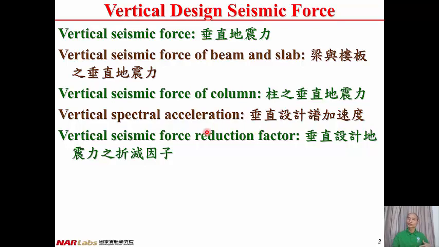In addition to the horizontal component of the spectral acceleration, there is a vertical component for the spectral acceleration. The last one, vertical seismic force reduction factor, in Chinese, 垂直设计地震力之折减因子. The reduction factor is due to the ductility of the structures.